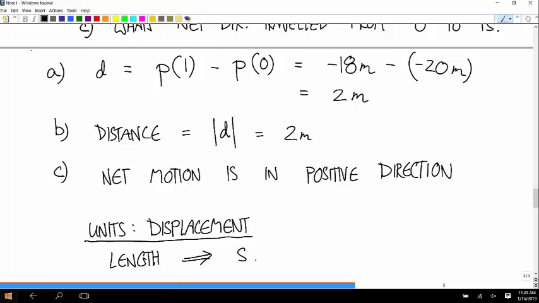And that means that the SI units are meters.